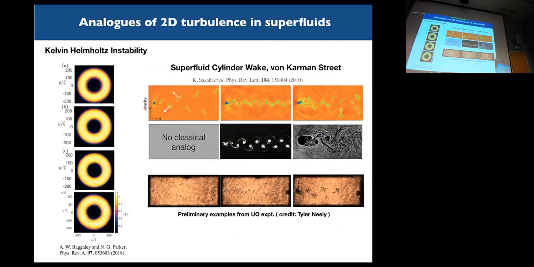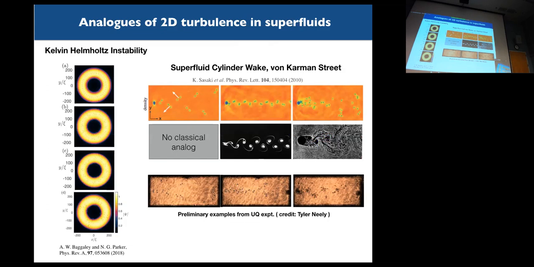And another nice one was this study by Sasaki et al., looking at the wake of a cylinder in a 2D condensate, and they found you actually got a superfluid analog of the von Karman vortex street, where the components of the street are pairs of same-sign quantized vortices. They also saw this V-shaped wake of dipoles, which seems to have no classical analog.